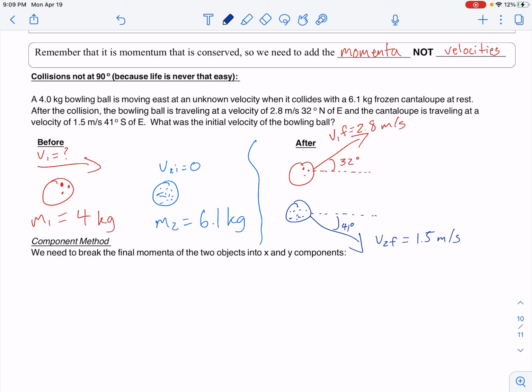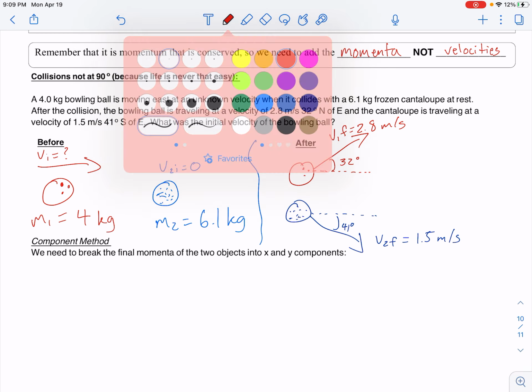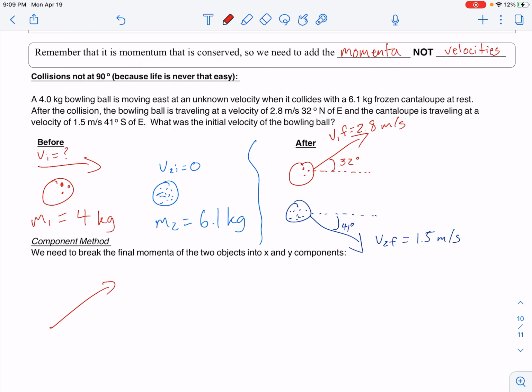Just want to be consistent with my colors. Okay, so we're going to start with our bowling ball. In this case, we have our momentum is going to be equal to the mass times the final velocity.